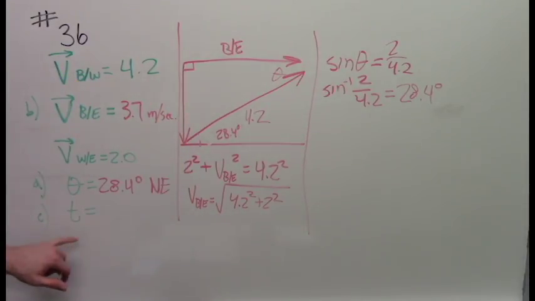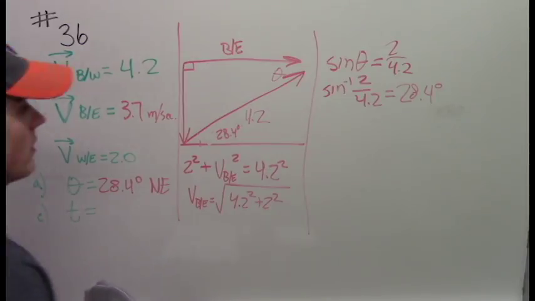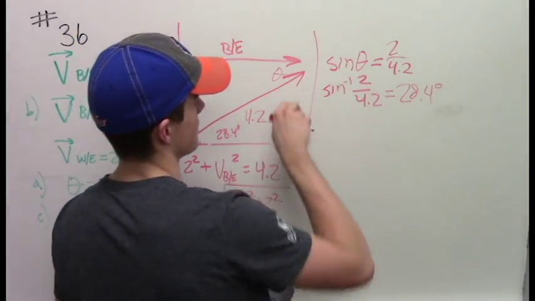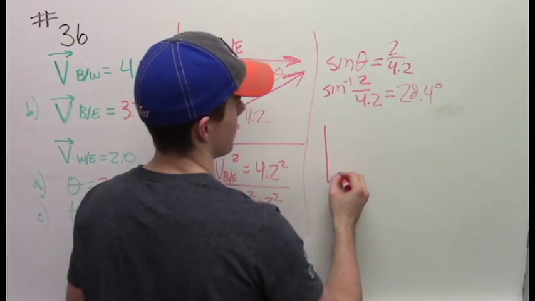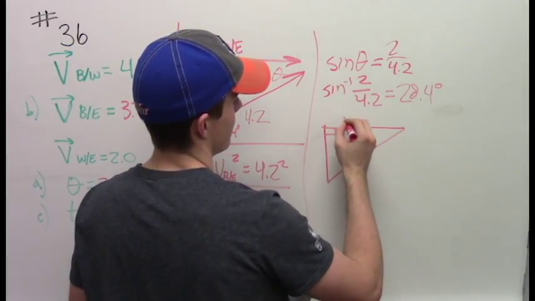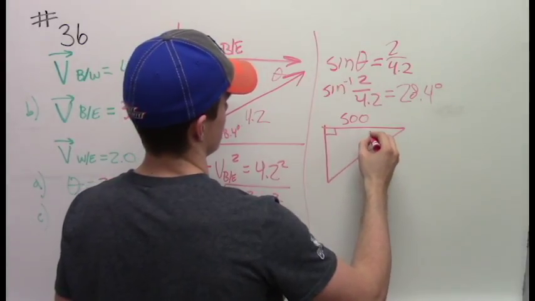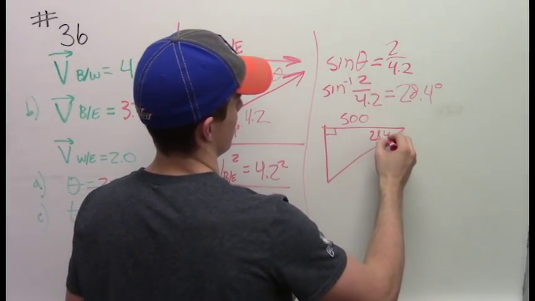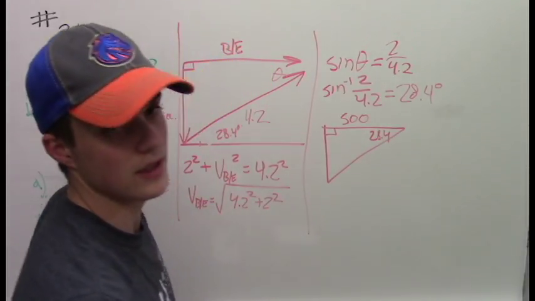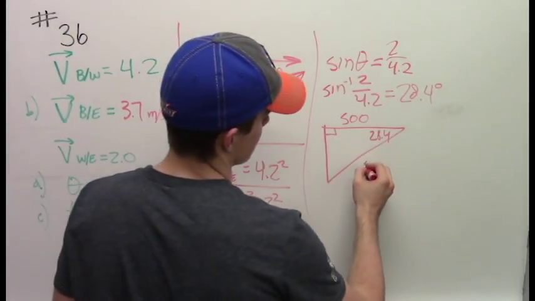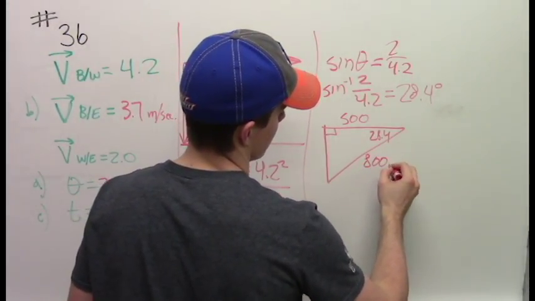So for part C, it wants to know the time it takes to get across the river. What we want to do is first figure out the hypotenuse of this length. If you remember back from question 35, the river is 500 meters wide. We know that this is 28.4. So now we can just use the law of sines, and we figure out the hypotenuse length is 800 meters.